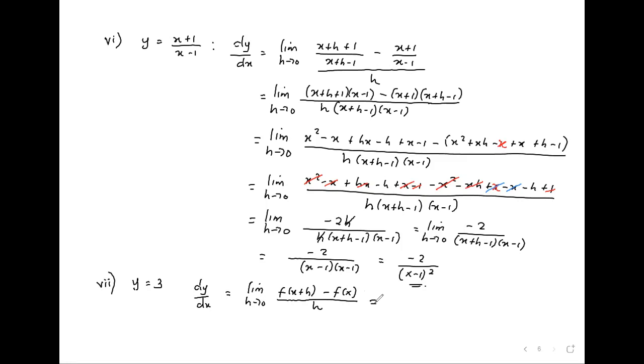So we get f of x plus h, since f is a constant, f of x plus h is still a constant, minus the whole f of x divided by h. So we get the limit as h goes to 0 of 0 over h, giving us the limit as h goes to 0 of 0. Limit of a constant is a constant.